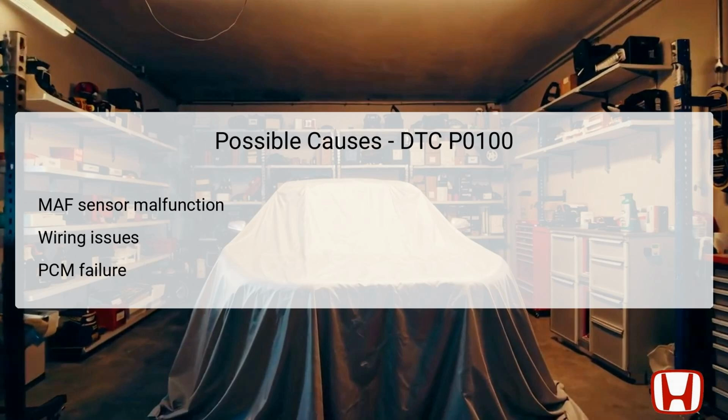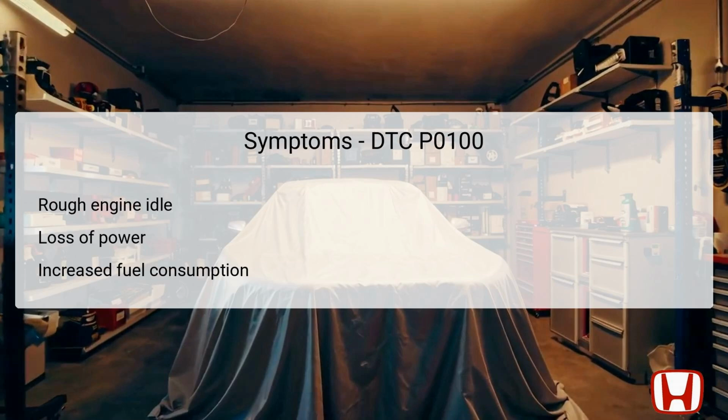effective and accurate repairs. When DTC P0100 is triggered, drivers may experience several noticeable symptoms. A rough engine idle is common, as the PCM may miscalculate the needed fuel-air mixture due to erroneous readings from the MAF sensor. This can result in engine stalling or hesitation during acceleration, leading to a loss of power when driving.